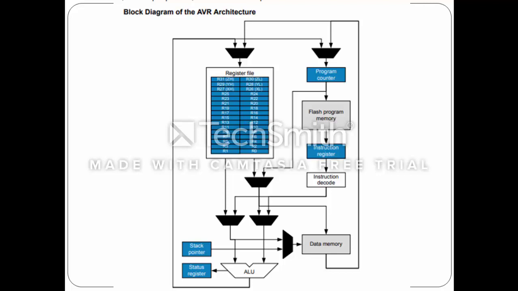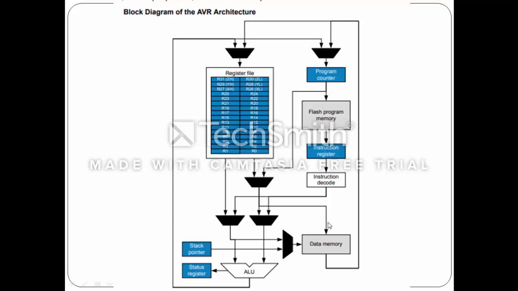Next is the block diagram of AVR architecture. From this AVR architecture, we will go through the architecture of the AVR core CPU. There are file registers and a program counter. There is flash memory, instruction register, and instruction decoder, and data memory. There is a stack pointer and stack register, which lead to the ALU.